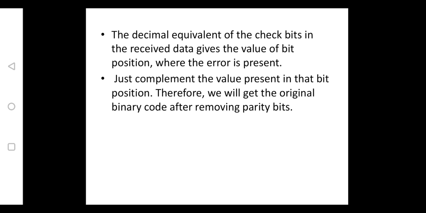Let me take, in the given question, assumed it as even parity. So here, in order to write down C1, you need to check positions 1, 3, 5 and 7. The given code word is 1100110. Write this down as positions 1, 2, 3 starting from LSB to MSB.